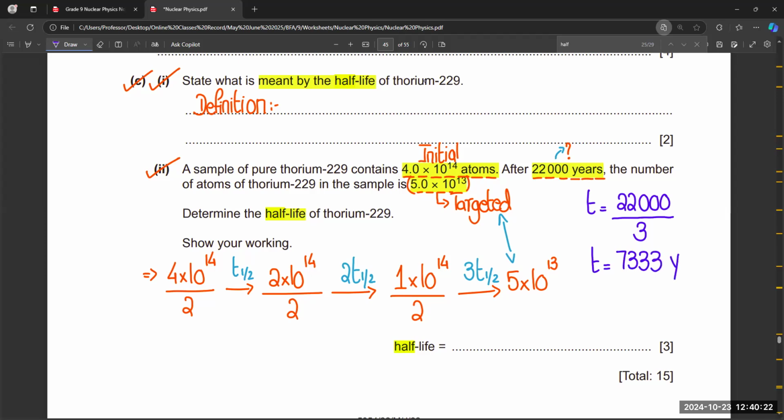Yes. Okay. So I was asking that over here in the question they're asking to determine the half-life of the thorium. Sir, they mean how many years it has taken to decrease to the targeted value? Basically, they are asking about, just like we perform the first half-life over here, we just mention first half-life.